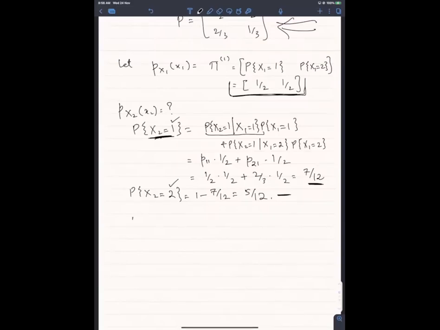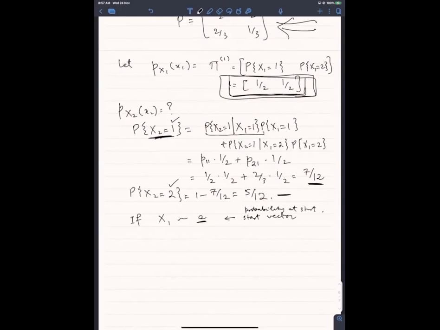say this: if x1 has a distribution A, which is this vector, या 1:2 की मैट्रिक्स है, ठीक है, start vector या initial probability at start.